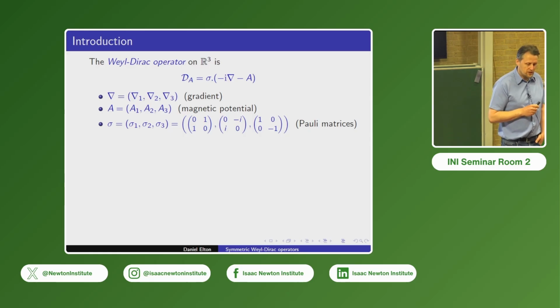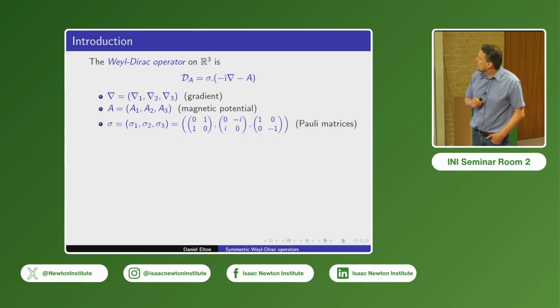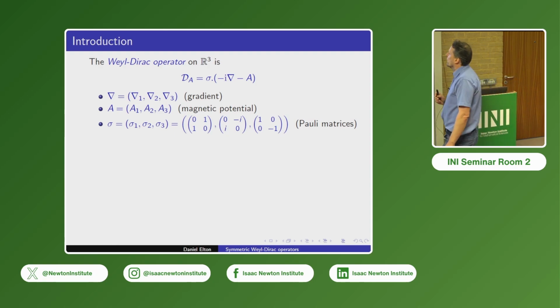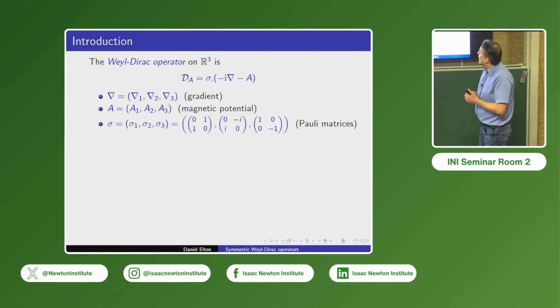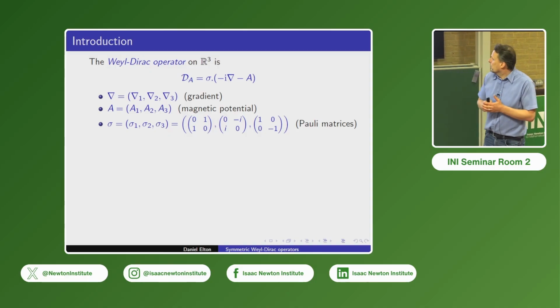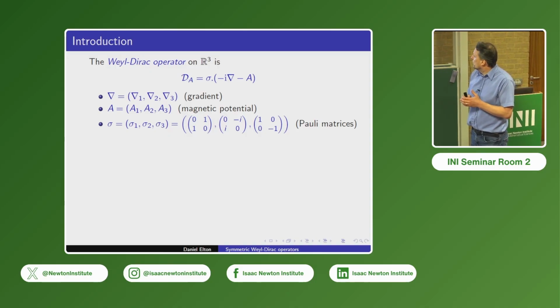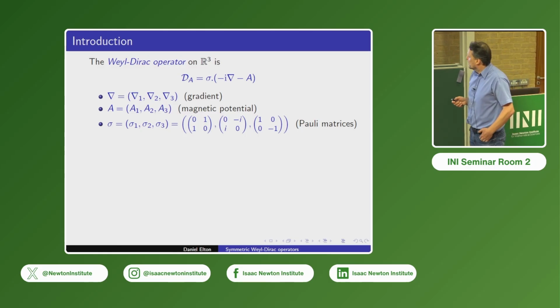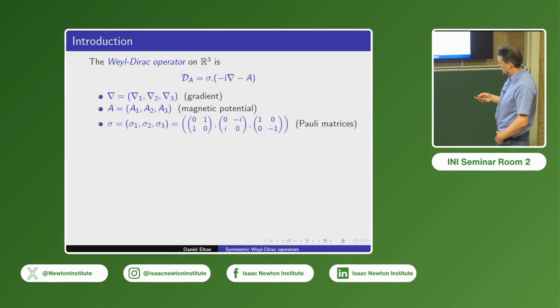This is a vector field in R3. For the most part, I'll be working in the smooth situation. I'm not interested in local regularity issues. And the matrices come in through the Pauli matrices, the classic 3 Pauli matrices, sigma 1, sigma 2, sigma 3, and that gives the 2x2 nature of the problem.